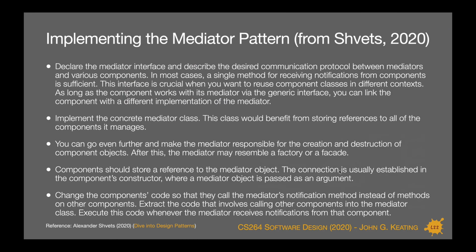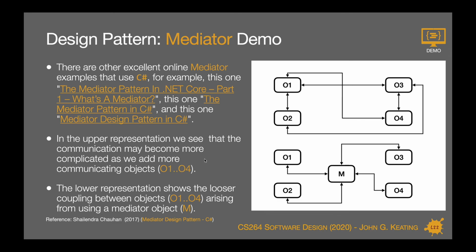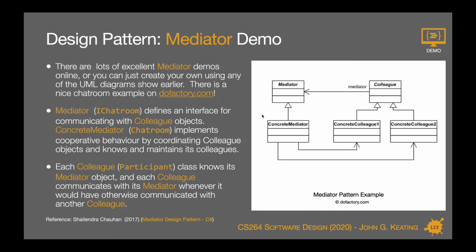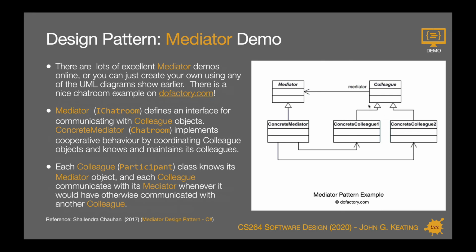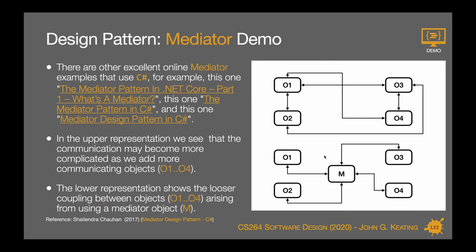So if you want to implement a mediator pattern, you can work through these examples here, and ultimately you want to look at something like this and build it. You start with something like this, and utilize it to build something that looks like this. That's the plan.